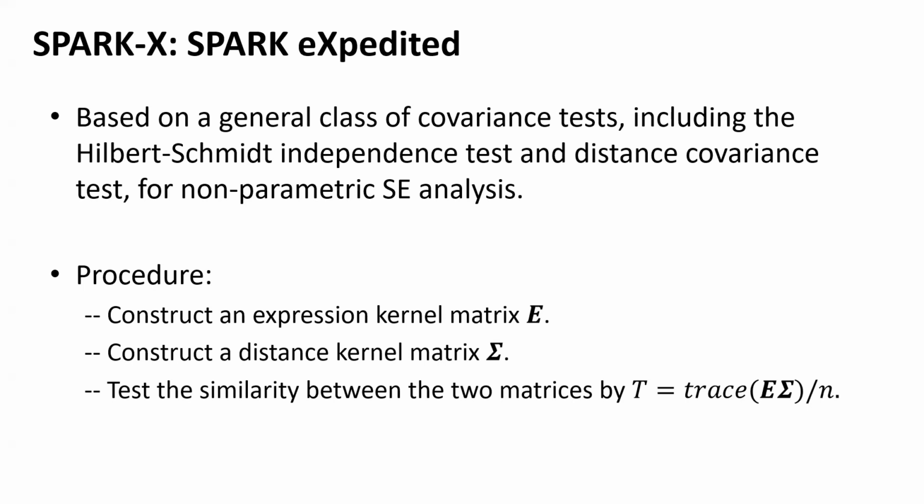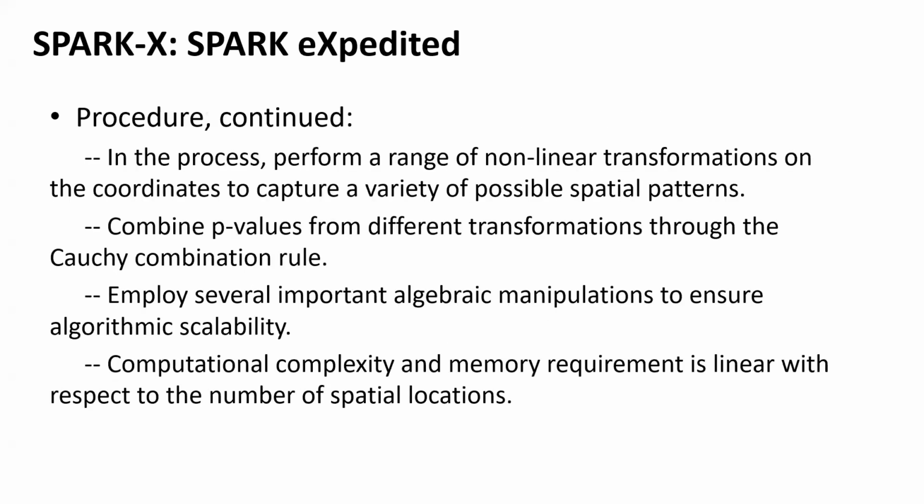Therefore, you can just take the product between these two element-wise, which is basically a trace term of E times sigma, and that statistic will be large. So we just need to compute these two kernel matrices, get their product, treat it as a statistic, and extract the p-value. But certainly in the process, we need to perform a range of nonlinear transformations on the coordinates in order to capture a wide range of possible spatial patterns.